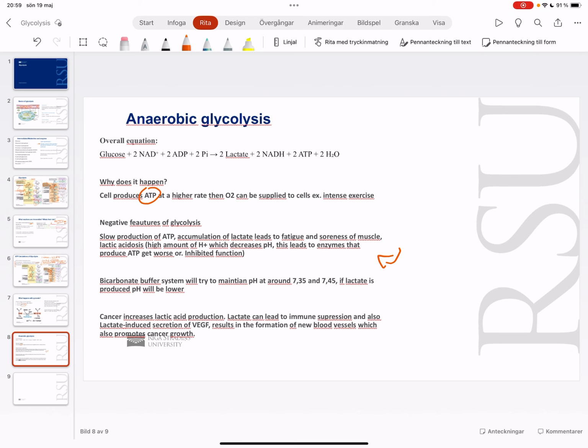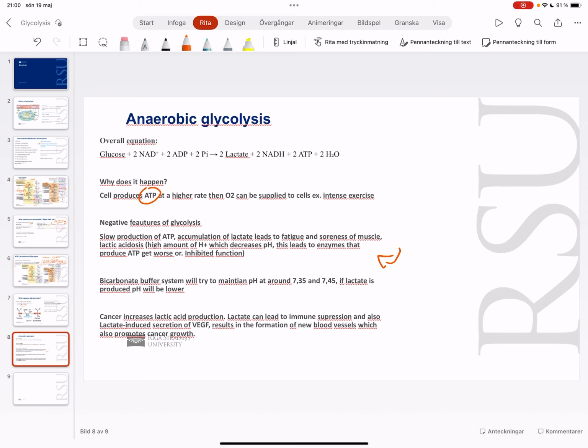But we have a bicarbonate buffer system, which will try to maintain pH. So hydrogens can increase, but the buffer system will try to get the blood pH to 7.35 to 7.45. If lactate is produced, then pH will be lower.